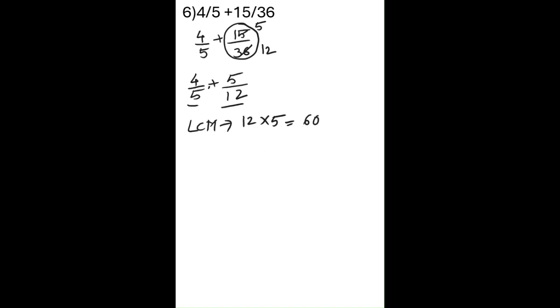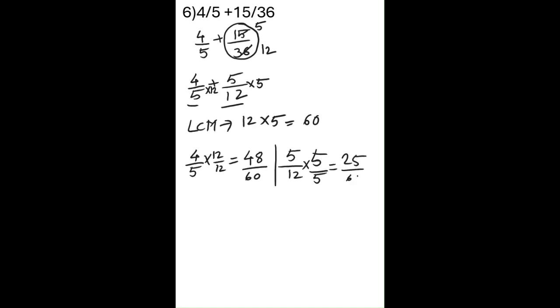Now here you have to multiply by 12 and here you have to multiply by 5 to make this denominator 60. So 4 by 5 multiplied by 12 by 12. Here you will get the answer 48 by 60. Now the second fraction is 5 by 12 multiplied by 5 by 5. You will get the answer as 25 by 60.